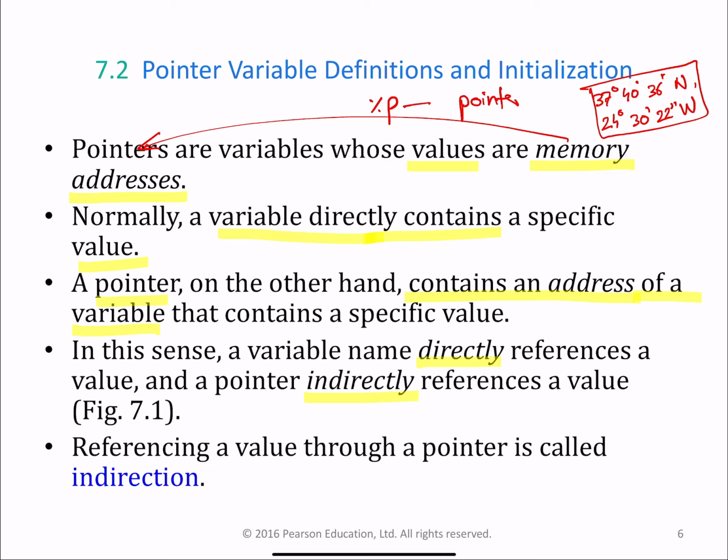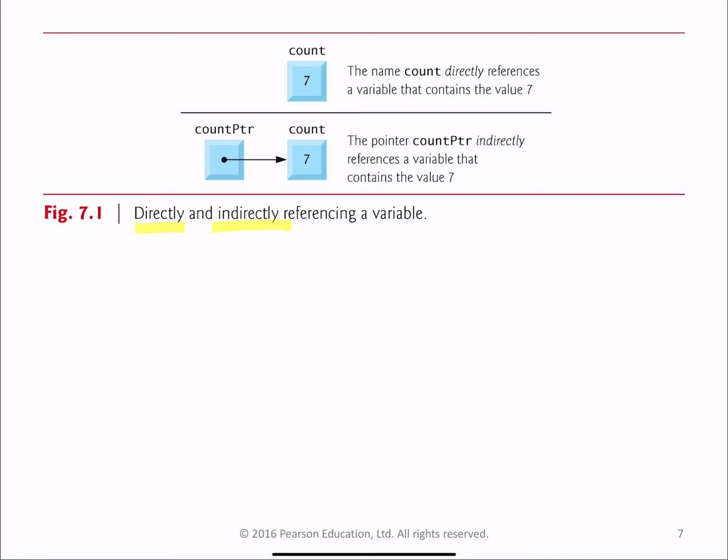So in that sense, you can use a pointer to indirectly access a variable. Accessing the value of a variable through a pointer is called indirection. You can visualize that like this.